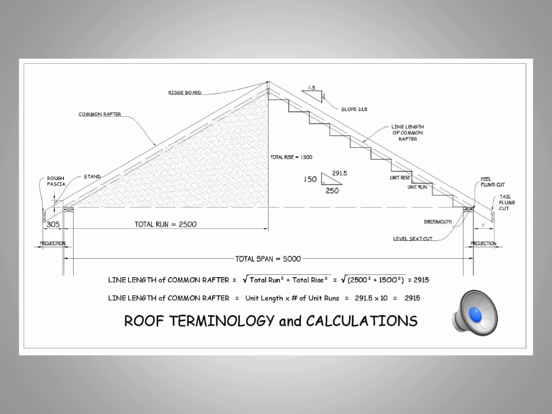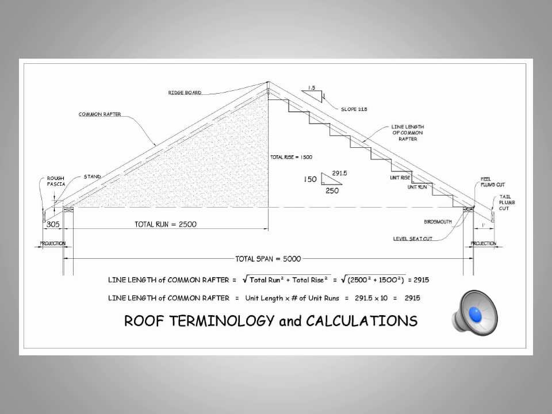Here we have a schematic of a roof, again a section cut right through it. This time all of our numbers are in metric, but we have the same principles at work. In a metric roof, the unit roof triangle is based on the number 250 millimeters, as opposed to imperial where it's based on 12 inches. So we have the same sort of ratio. In this case, we're given that the roof slope is 150 to 250, and that the total span is 5,000 millimeters.